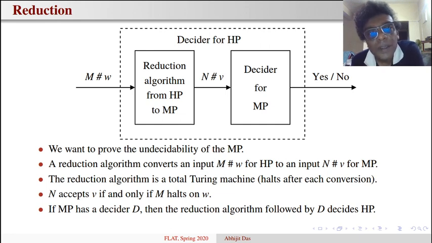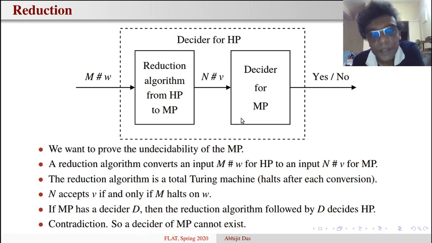So, if we have such a reduction algorithm and if we have a decider for the membership problem, we have a decider for the halting problem. But we have just proved that the halting problem is not decidable. So this gives a contradiction that a decider for the membership problem exists. So the membership problem is also undecidable or not recursive.